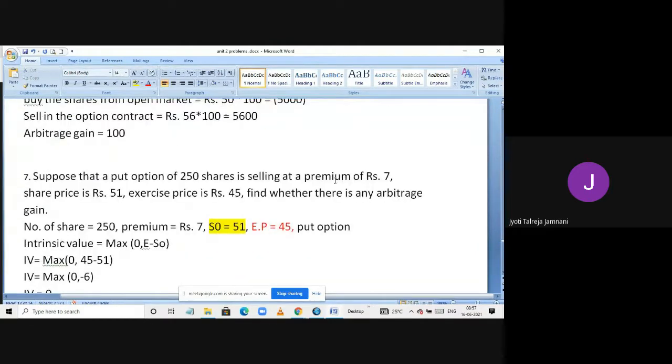They have given you the premium amount, premium of rupees 7. Who decides this premium? How much should be given? 7 rupees, 8 rupees, 2 rupees, 5 rupees. Who has to decide this? Actually the stock exchange or the broker or the person who is the intermediary, the clearing house, plays a role in deciding this.